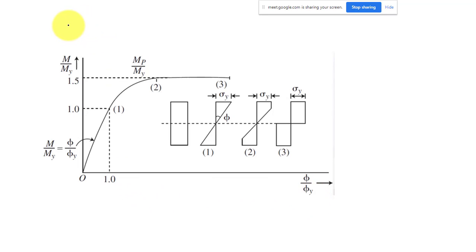And this is the non-dimensional moment curvature curve. Because here there is no unit, it is like 1, 1.5 only values are there.